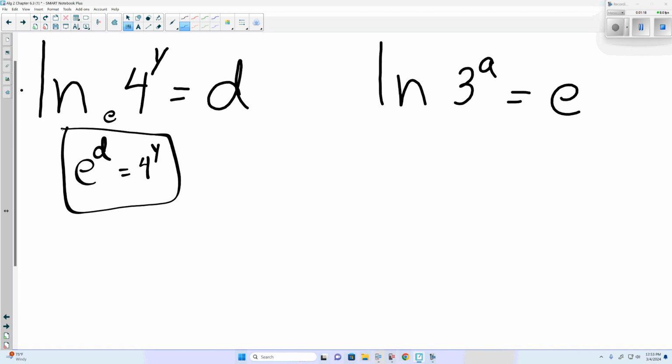Because again, we're just using the fact that the natural log of y equals x if and only if e to the x is equal to y.